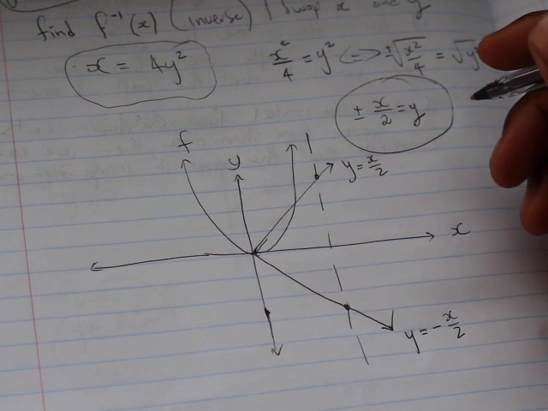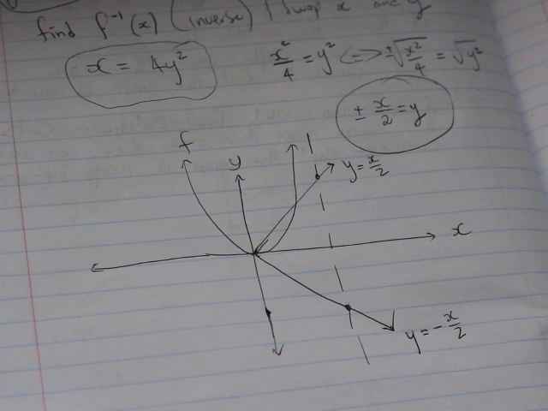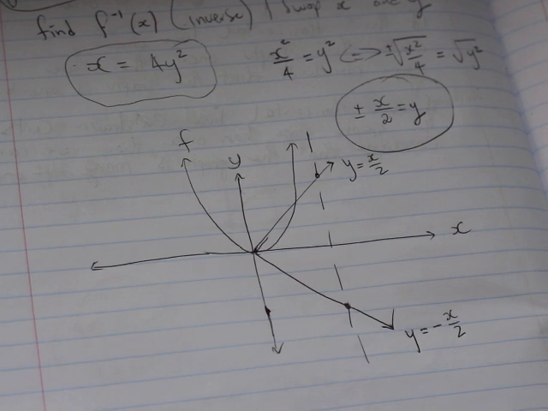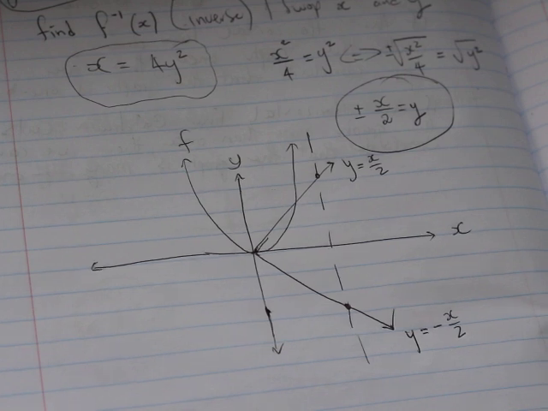Remember the vertical line test: when it cuts the graph twice, then we're not dealing with a function. But if it cuts the graph once, then you know for sure it's a function. That's the vertical line test.